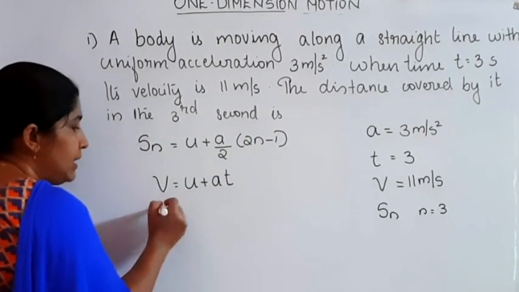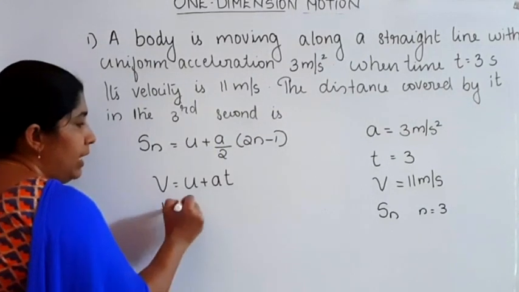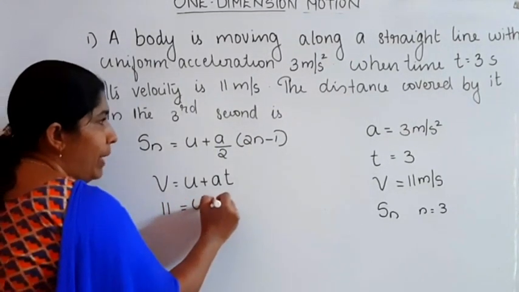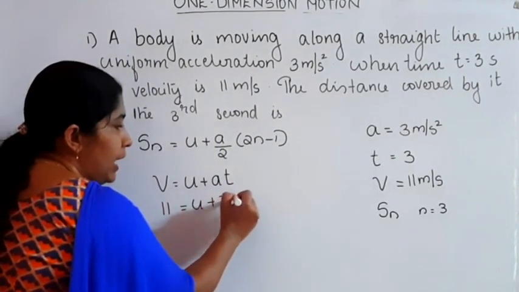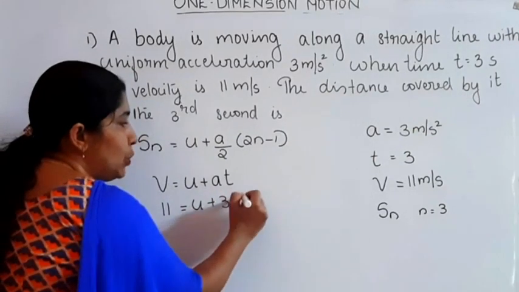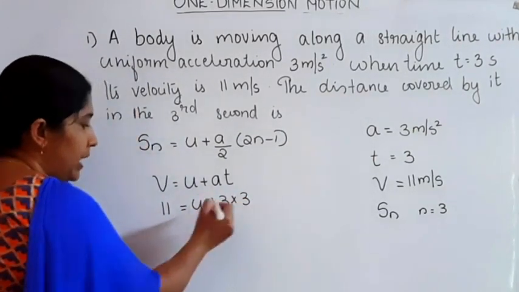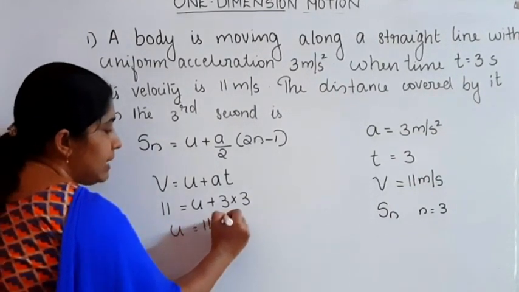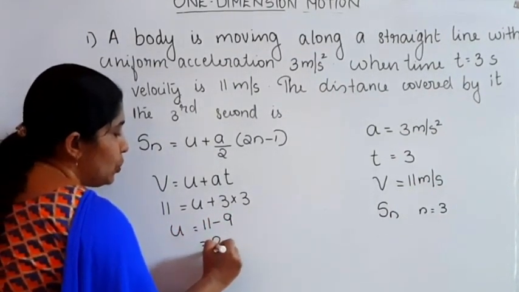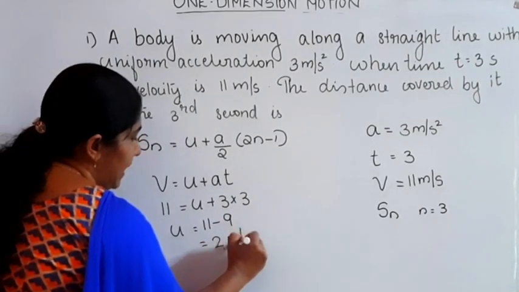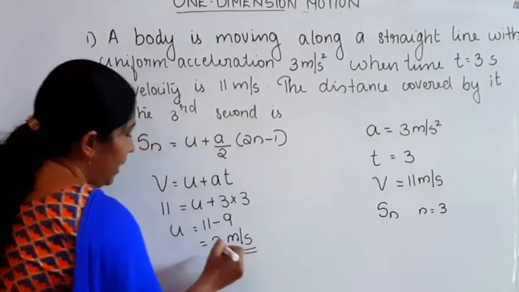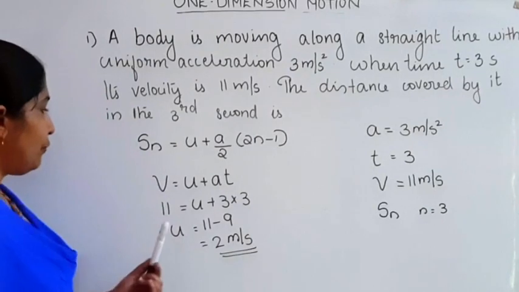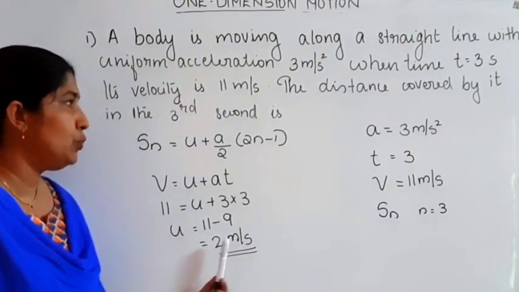Here v is equal to 11, so 11 is equal to u plus a, which is 3, into time t, which is 3, then 3 into 3 is 9. From here u is equal to 11 minus 9, which is equal to 2 meter per second. The initial velocity of the body is 2 meter per second.